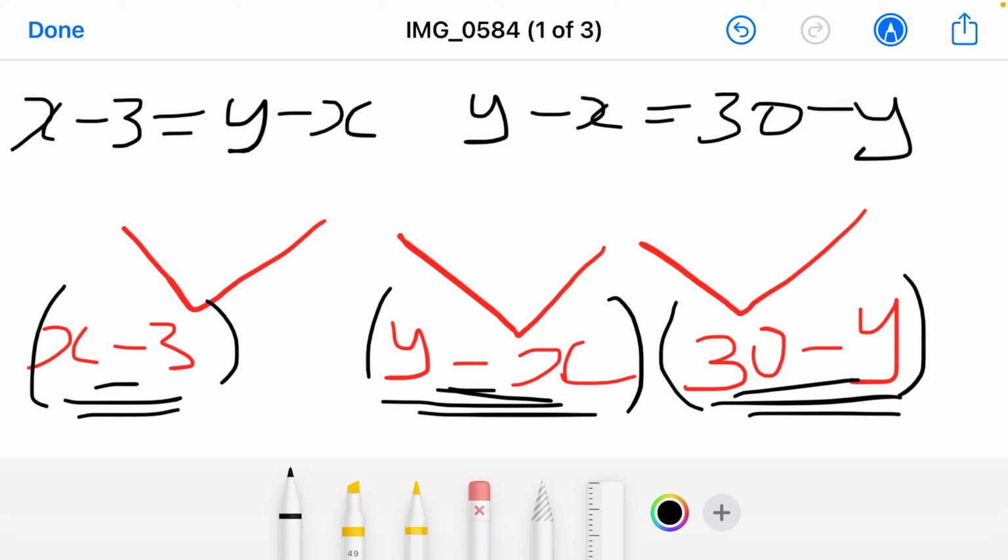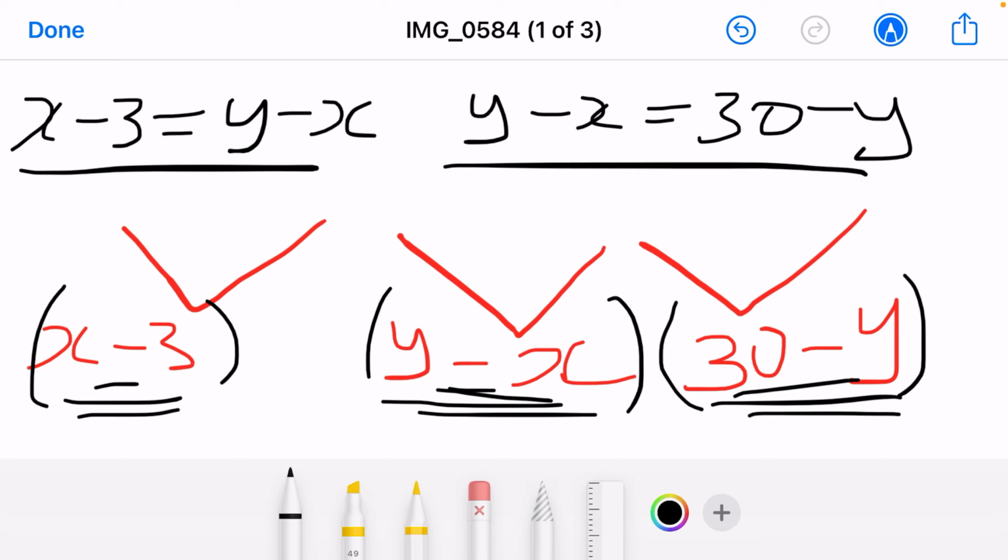Okay, so ladies and gentlemen, these are the type of questions where you've got equation number 1, equation number 2, then you determine equation number 3 and approach this type of question as if you're solving a simultaneous equation, ladies and gentlemen. So it's not really that complicated. It's just a matter of knowing exactly what you need to do, and then from there you just solve for x and y.